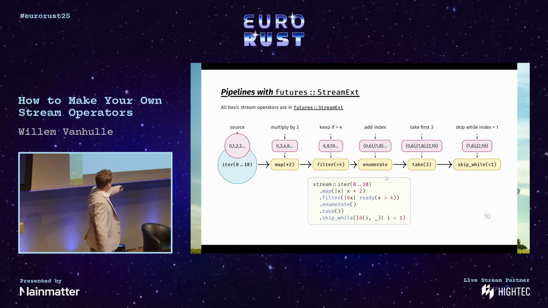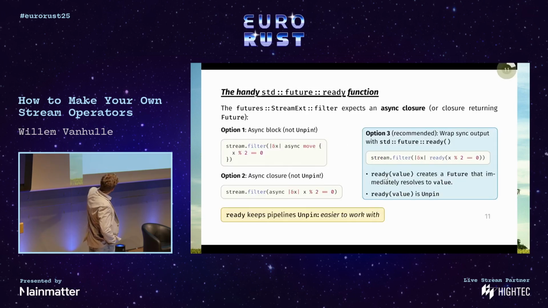It's a nice function that exists in the standard library of Rust, and it looks very simple, not very useful, but if you use async blocks or async closures, the output stream that you obtain after filtering or mapping easily becomes not Unpin, and it can be a bit annoying. If you just use the ready function, it makes life easier, and you don't have to box or pin stuff.